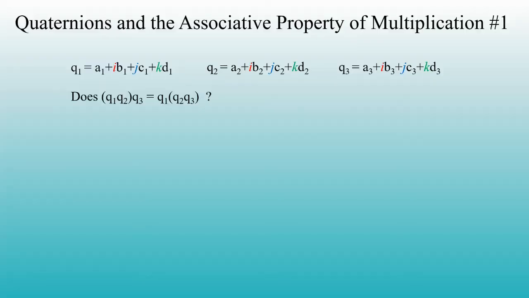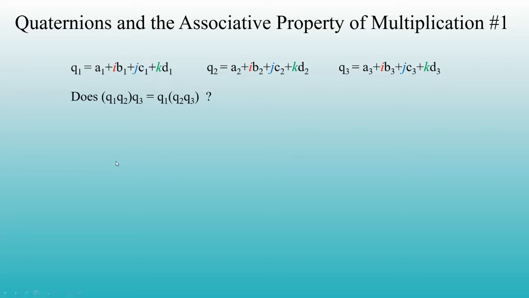All right, the associative property of multiplication for quaternions. Now things really get messy and the font size becomes downright unreadable on the screen. The charts, if you want to study them, are on the Old Doc Goller website. Here are your three quaternions, and the question is, does the quantity q1 times q2, times q3, equal q1 times the quantity q2 times q3?